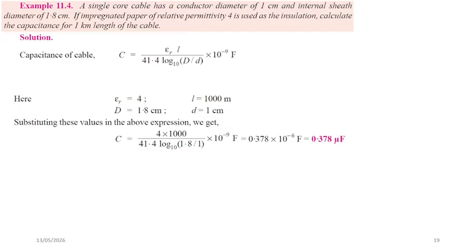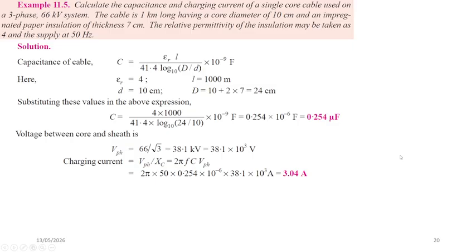So this is one example. This is another example explaining the calculation of capacitance and charging current for a single core cable operating in a three-phase 66 kilovolt power system.